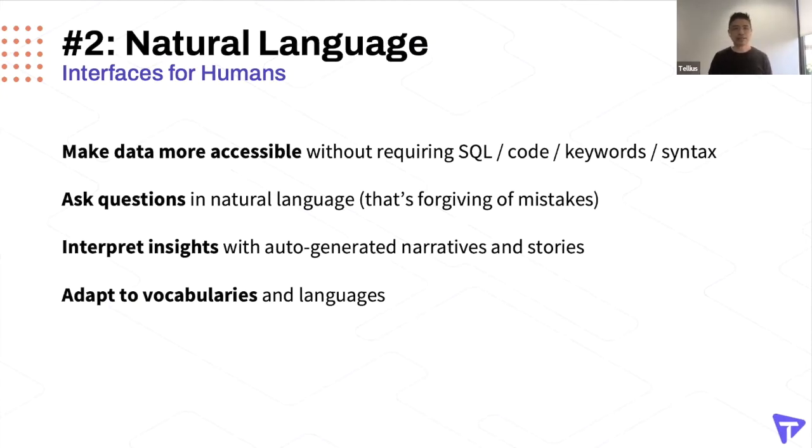And the current state of natural language today would also be able to adapt to business-specific vocabularies and words specific to your business, so you can seamlessly dive into the data, or even have multilingual capabilities to make it accessible to a wider audience. And natural language can work hand in hand with the automation as well.